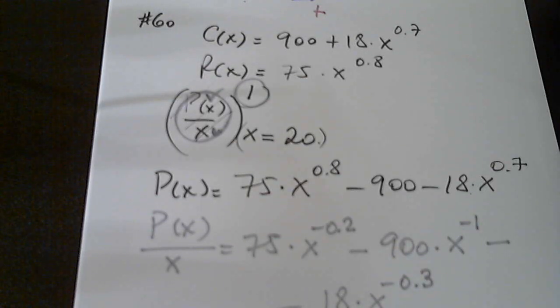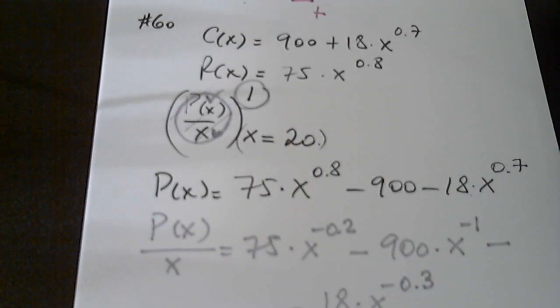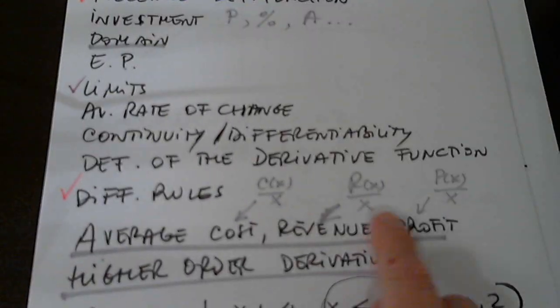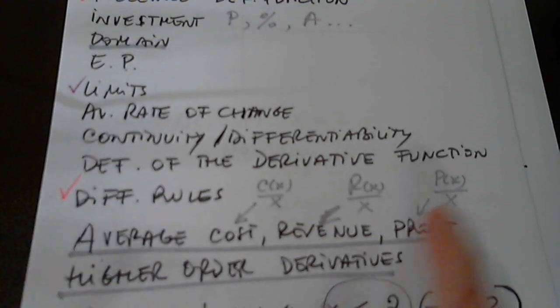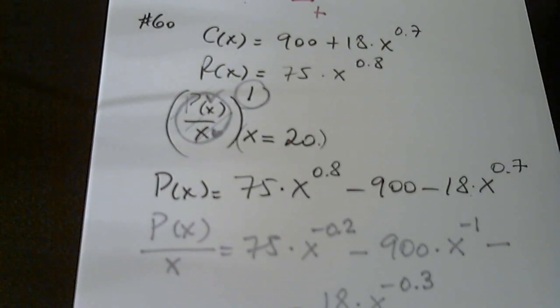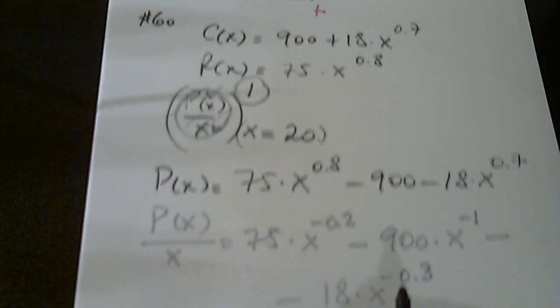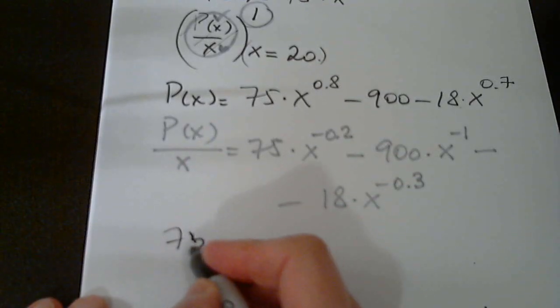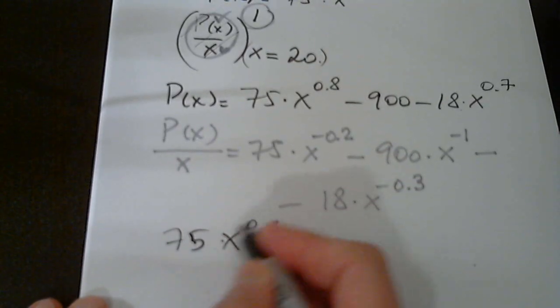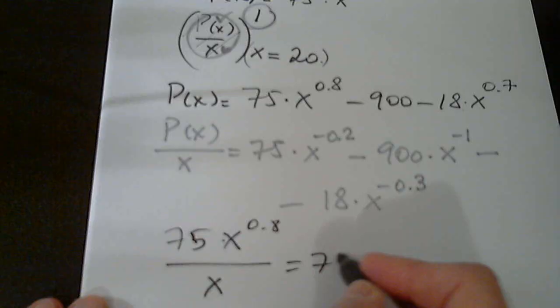Okay, so I have a question. When you divide by x, this is the function. How did you get 75x to the power of negative 0.2? Yes. So 75 x to 0.8 divided by x is 75x.